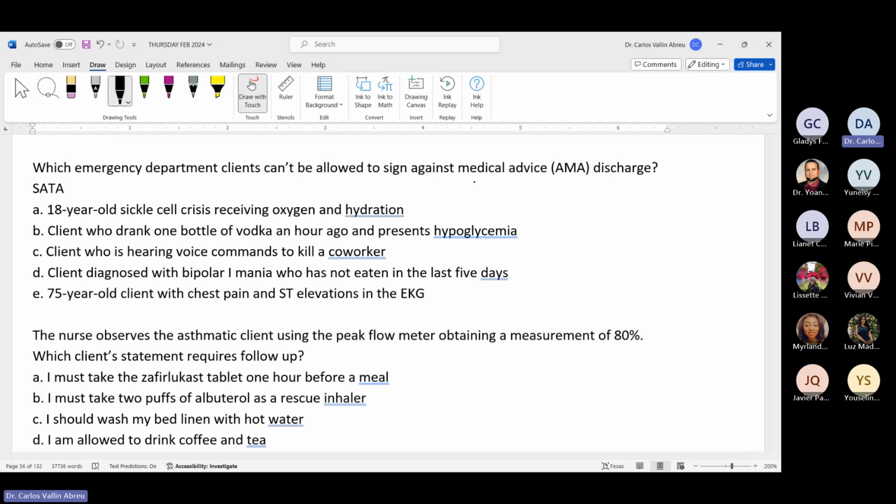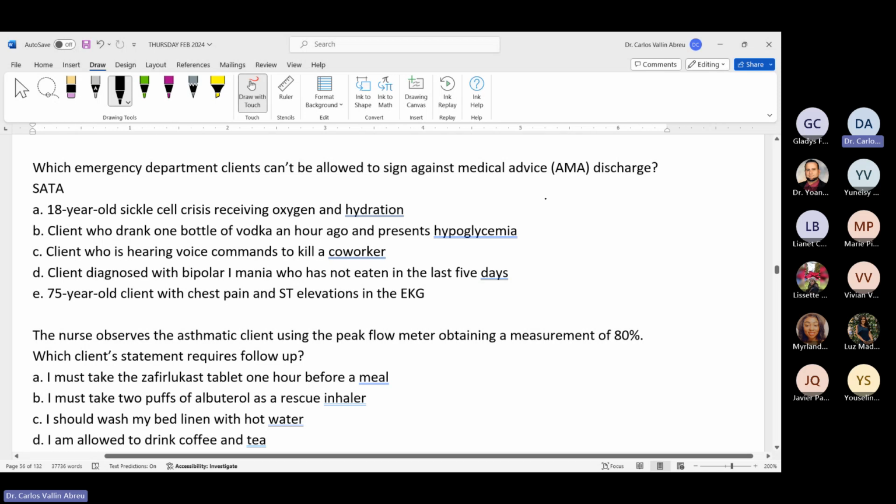So against medical advice is when the client leaves the facility, which is a right of the majority of clients, without the consent or the recommendation of the physician, because they are still not ready to be discharged. But it happens.